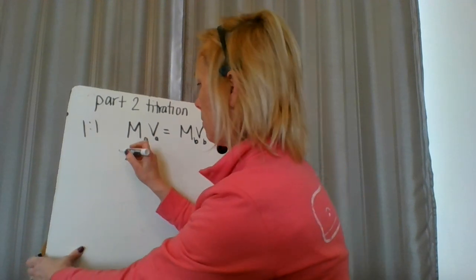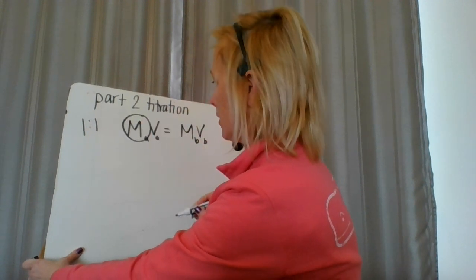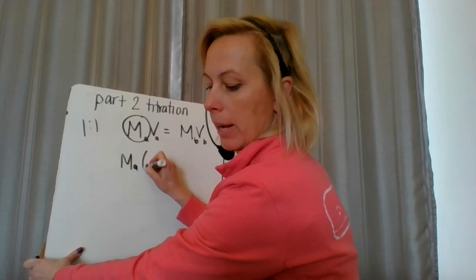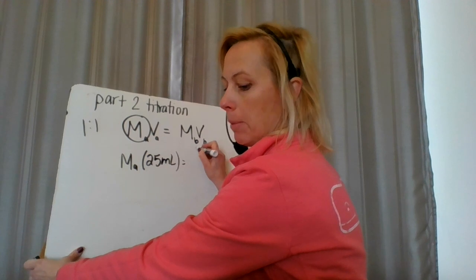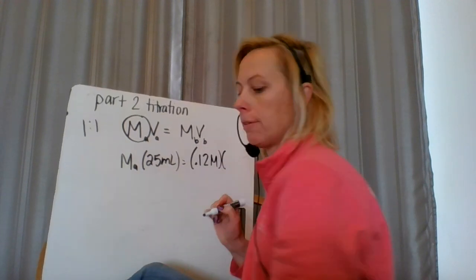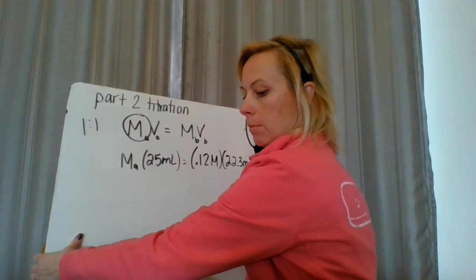So when it's a 1-to-1 ratio, I'm looking for the molarity of my acid, so I'll circle that. I know that the volume of my acid is 25 milliliters. The molarity of my base is 0.12 molarity, and the volume of my base is 22.3 milliliters.